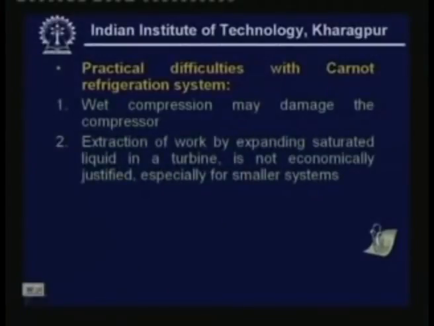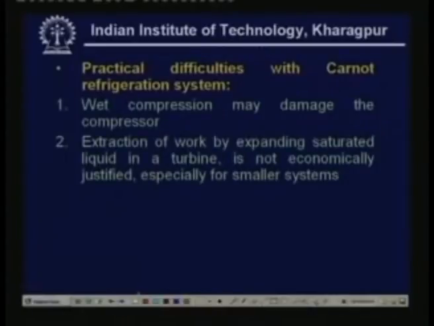Okay, the second difficulty is that the extraction of work by expanding saturated liquid in a turbine is not economically justified, especially for smaller systems. We have seen that in a Carnot refrigeration cycle, the expansion process is isentropic. That means we use a turbine and extract work.